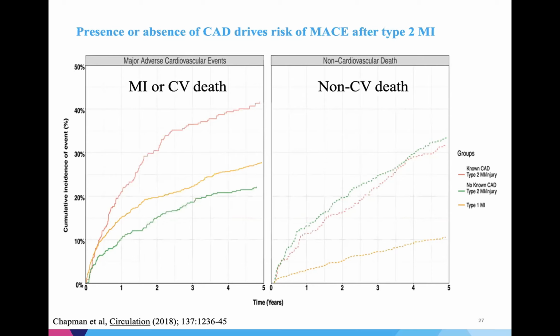And so those patients who, one way or the other, are worked up and found not to have significant coronary artery disease, they're still going to be very high-risk patients, although their risk is going to be driven largely by non-cardiovascular mortality. Whereas if you have significant coronary artery disease accompanying your type 2 MI, cardiovascular events will contribute importantly to your major adverse events.